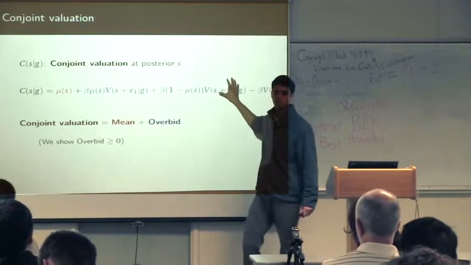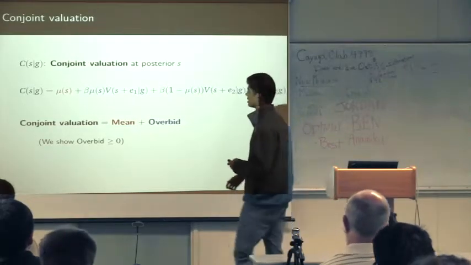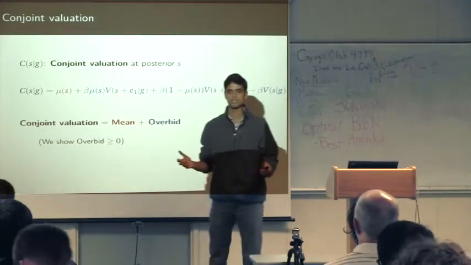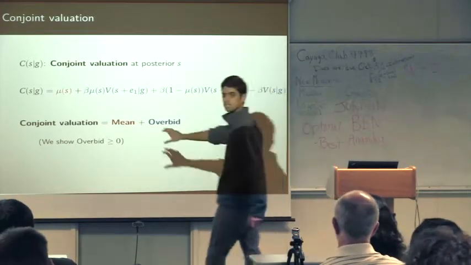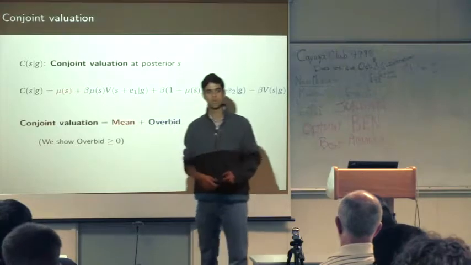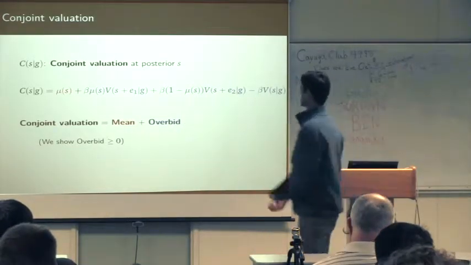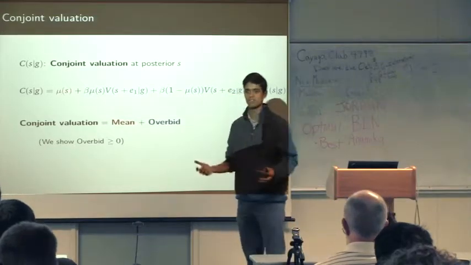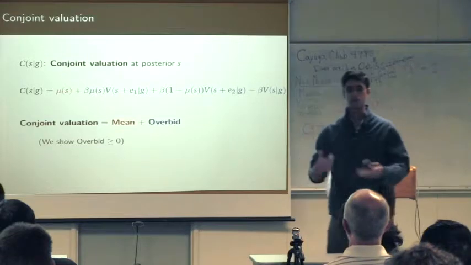We actually show that this is positive, so it's an overbid. If the agent had no value for information, and didn't care about the future, what they would bid in an auction is just their mean. This denotes what they would bid if they were completely exploiting their information. The remaining term is the value for information, how they explore to find out more about their valuation.